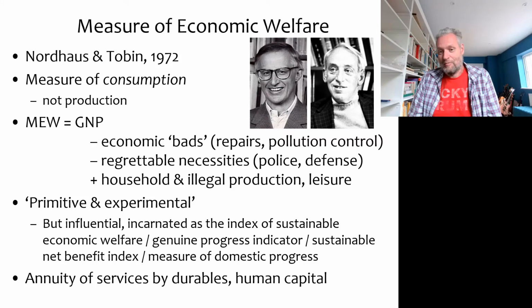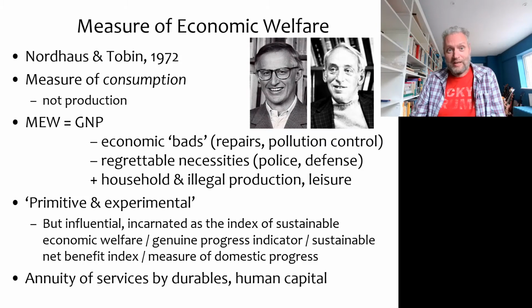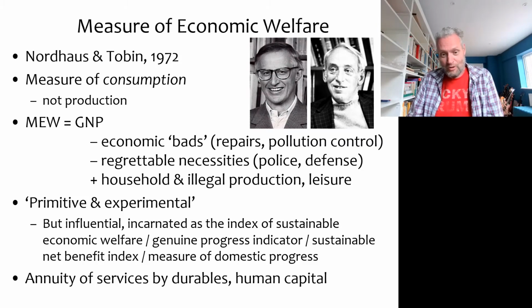They said, well, police and defense and all those things are all well and good, but really we would like to live in a world without police, or rather we would like to live in a world where the police is not necessary because everybody is well behaved and sticks to the law. Those things do not really contribute to economic welfare.